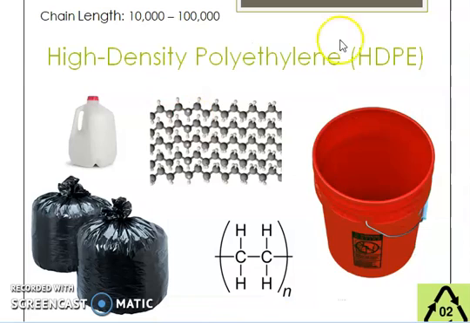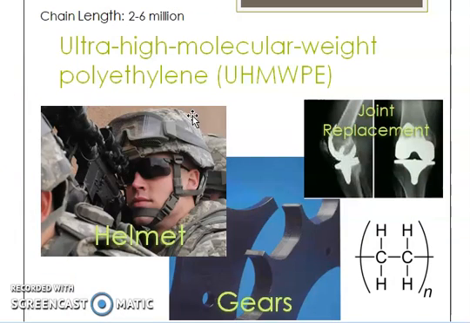Next is high density polythene. The difference between low density polythene and high density polythene is that in low density polythene, chain length is only about 1000 to 2000 monomer units, but in high density polythene chain length is between 10,000 and 1 lakh. High density polythene is used in packing, in making bottles, buckets, etc. Now, ultra high molecular weight polythene.